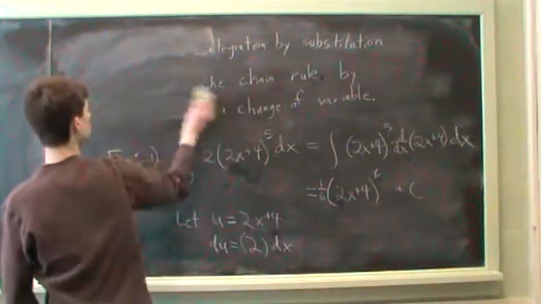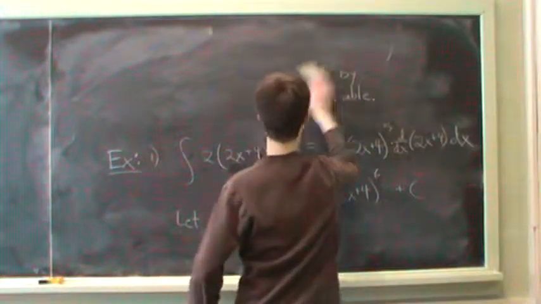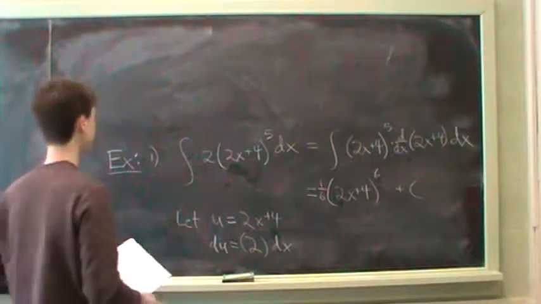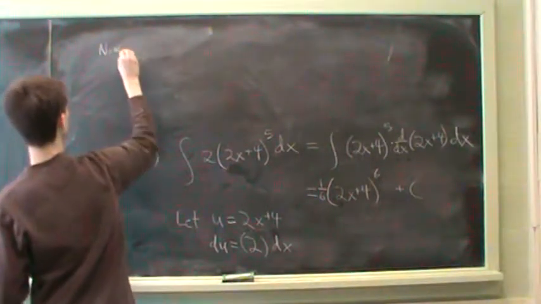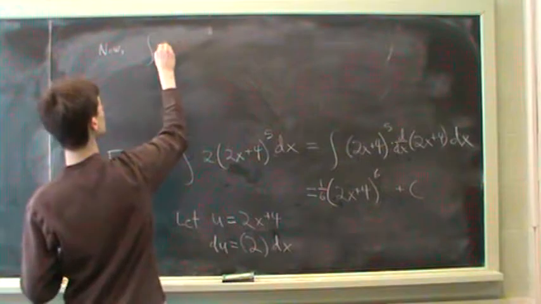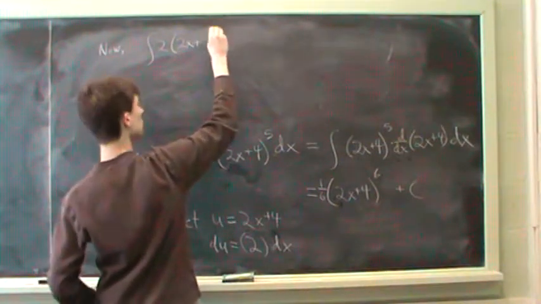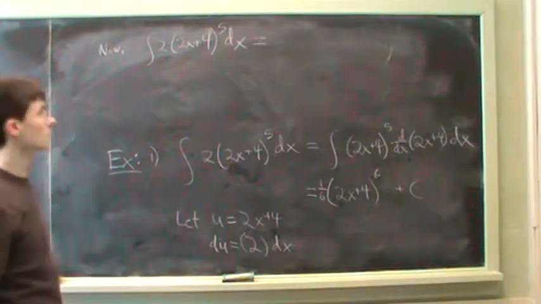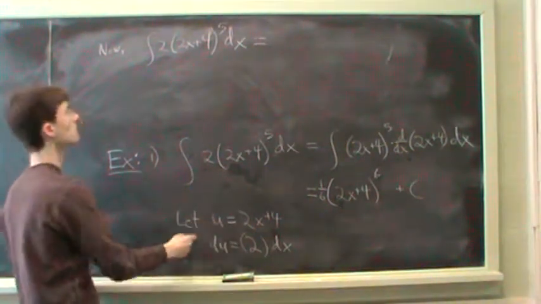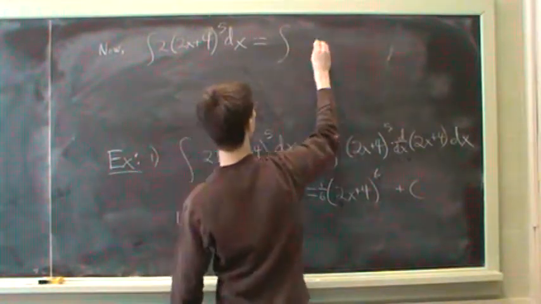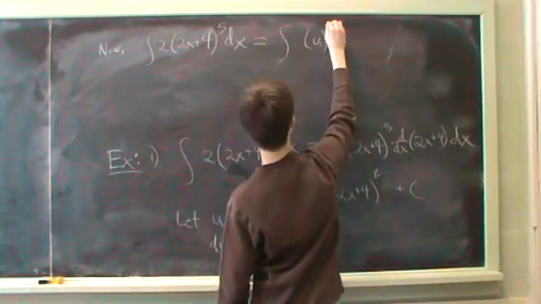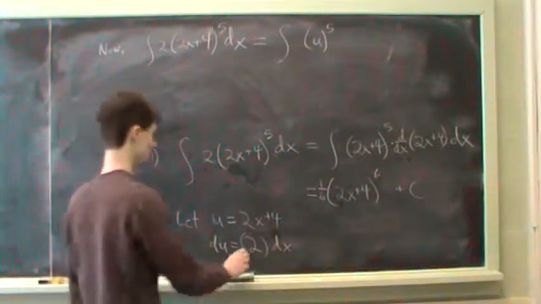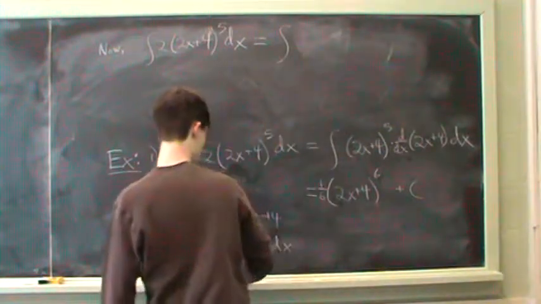So now, the integral that we're trying to solve, I'm going to replace the 2x plus 4 by u. Actually, let me write this slightly differently.